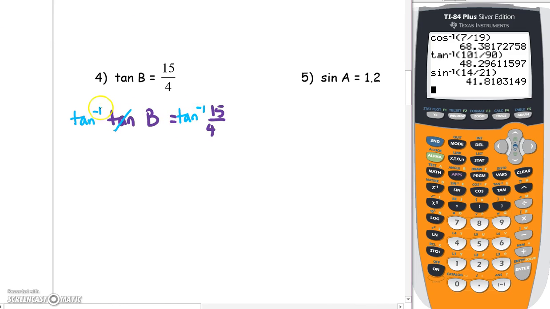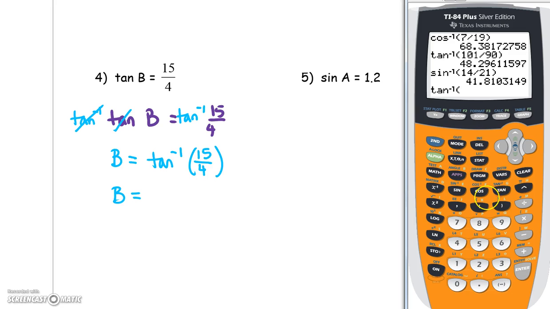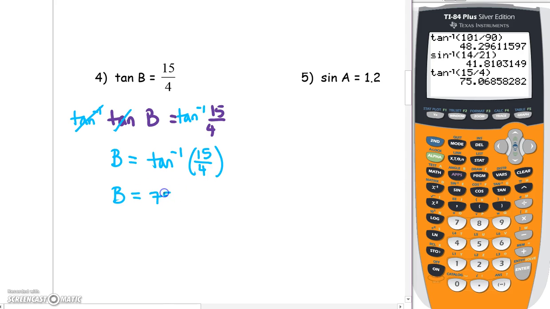And tangent inverse cancel, leaving us with B equals tangent inverse of 15 over 4. We're going to type that into the calculator. Second tangent, 15 divided by 4. And our result is going to be 75 degrees, 0.07 degrees. We're going to round to the 100th place.